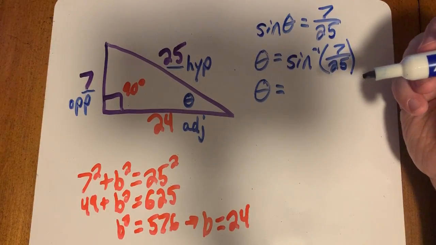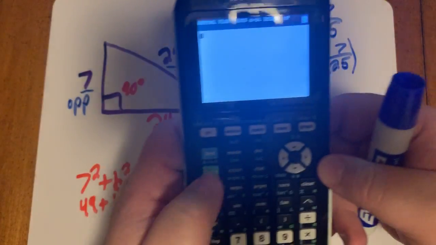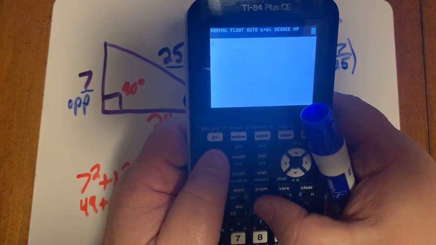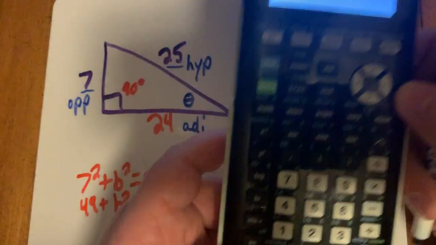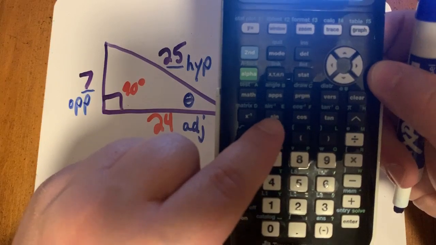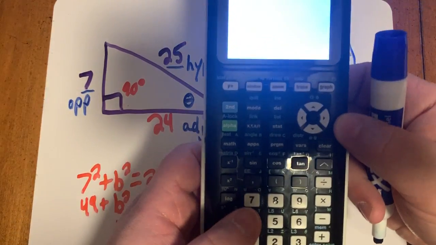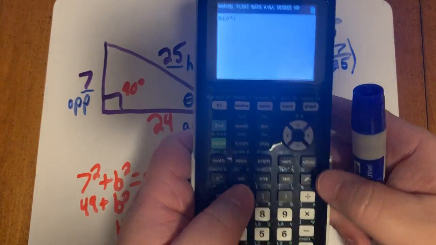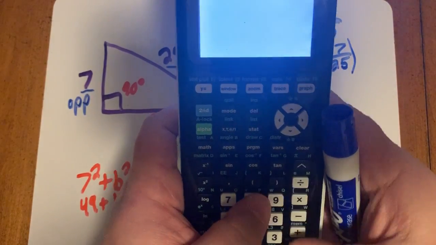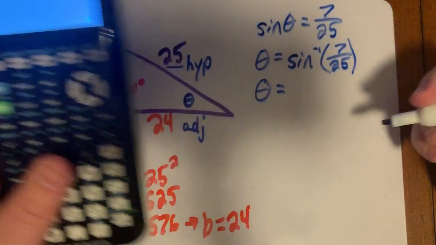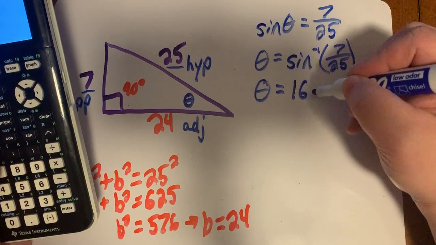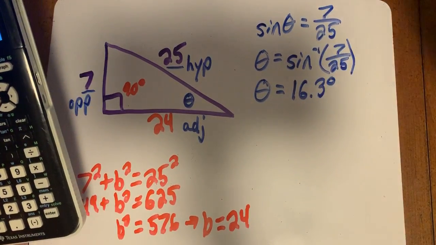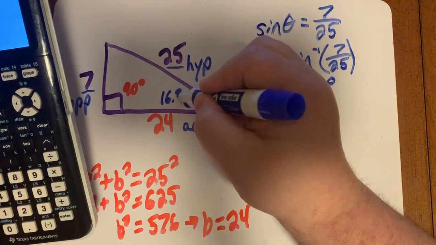I'm not expecting you to be able to do that without a calculator, so we're just going to use our calculator. Second sine. The sine inverse, cosine inverse are the second options of sine, cosine, tangent. 7 divided by 25. So it's 16.3. So this one's 16.3.